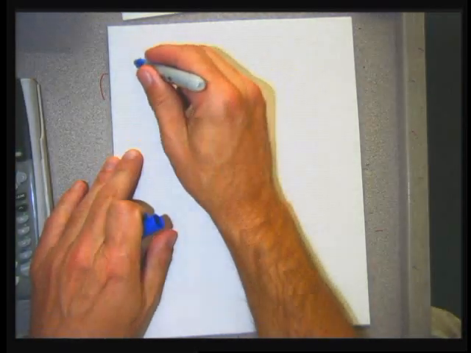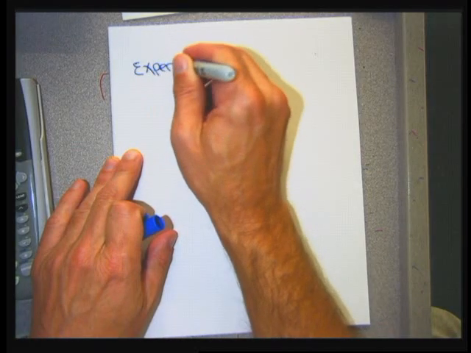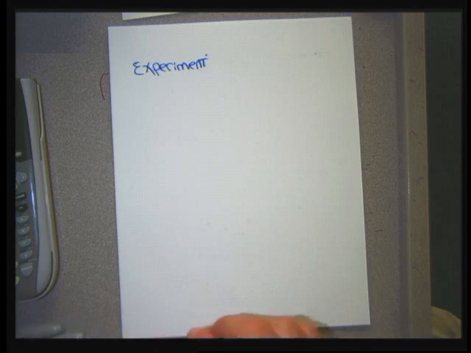So here's my cards. So my experiment, this is a completely made up problem to help you understand the formula that the author wants us to use for the problems that I just started to do but decided I just wasn't going to do.